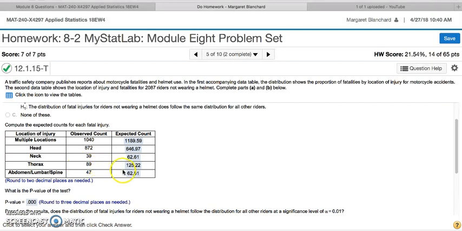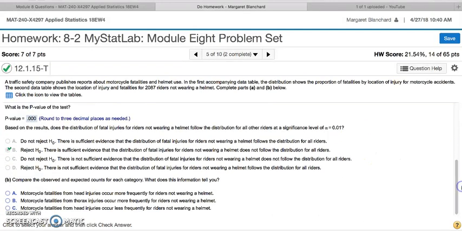The thorax occurs less frequently without a helmet. The head appears to occur more frequently without a helmet than with a helmet, which is what we would expect. You would expect more head injuries if you're not wearing a helmet in an accident. So we're going to click A, final check.